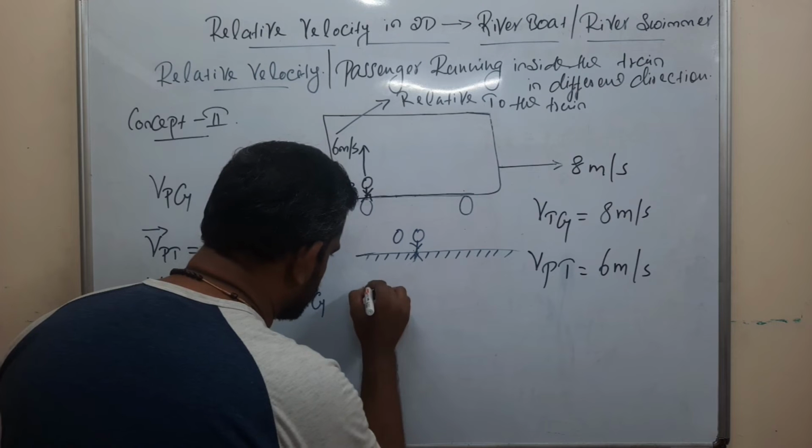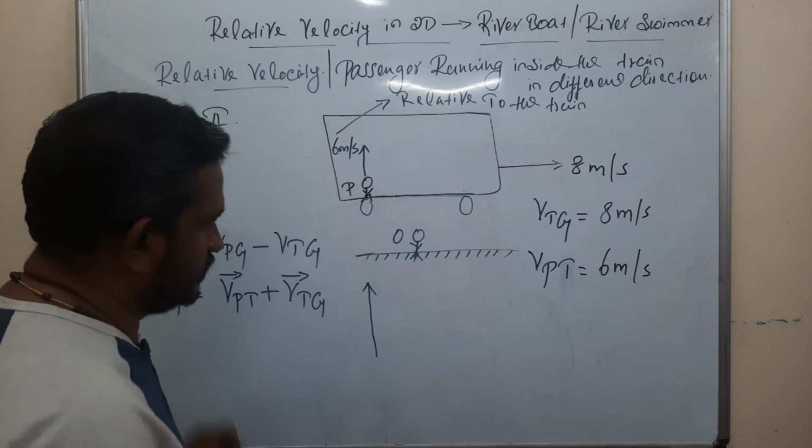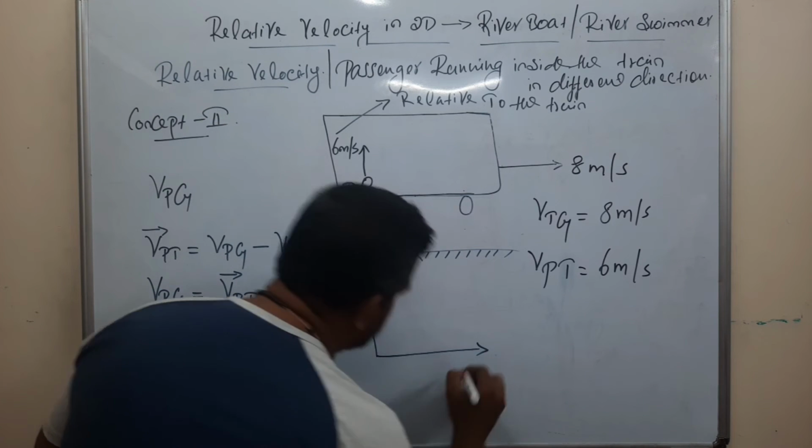Here the velocity of the passenger with respect to the train is acting in this direction. Another vector, velocity of the train with respect to the ground, is acting in this direction.